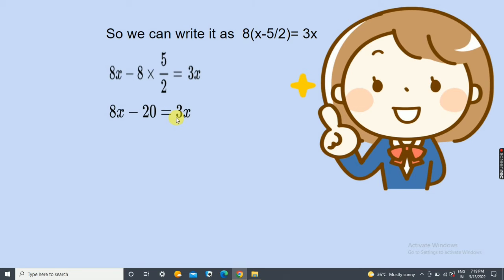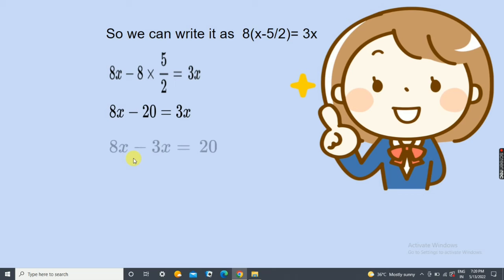Now the variable is on both sides of the equation. We would shift 3x to the left hand side and 20 to the right hand side, but we change their signs. We know that when we shift any variable or a constant to the other side, we change its sign.